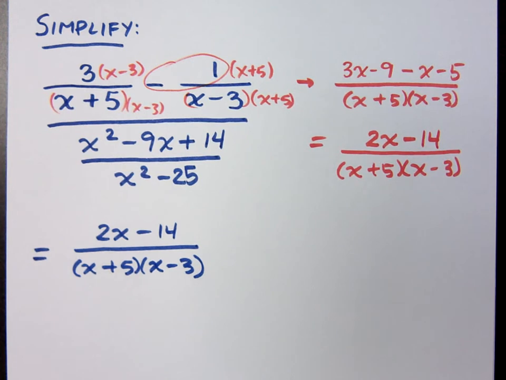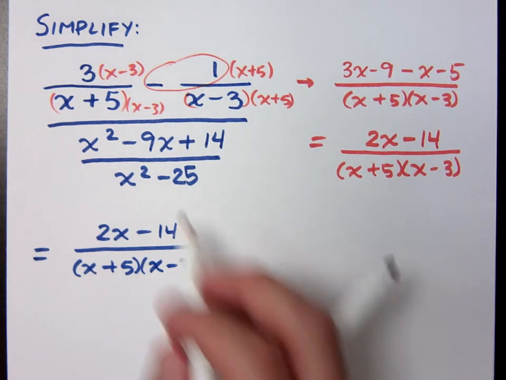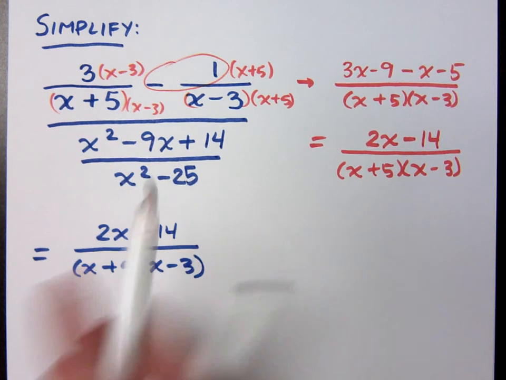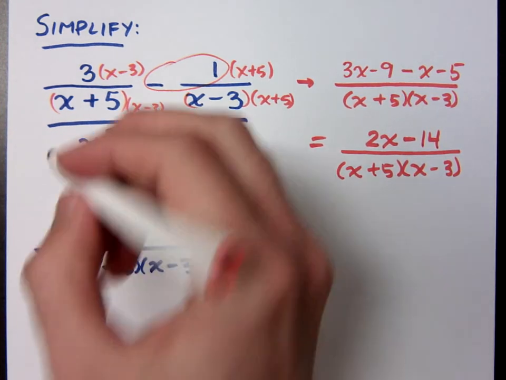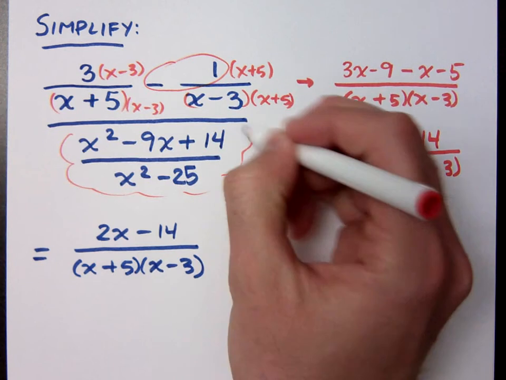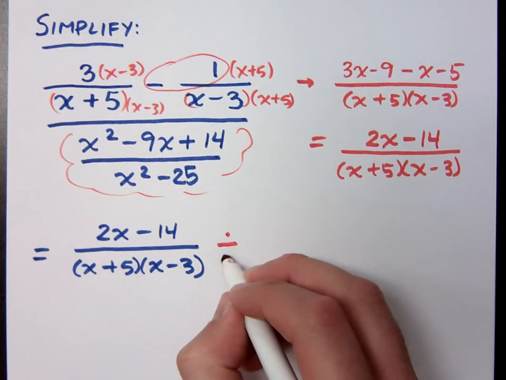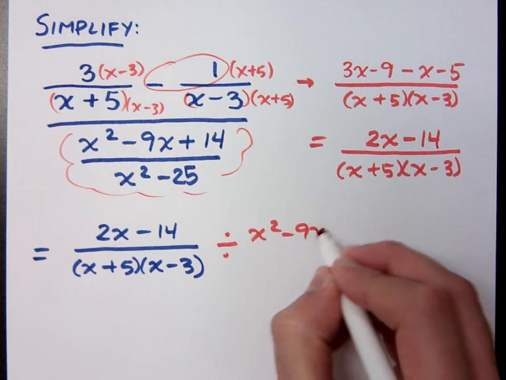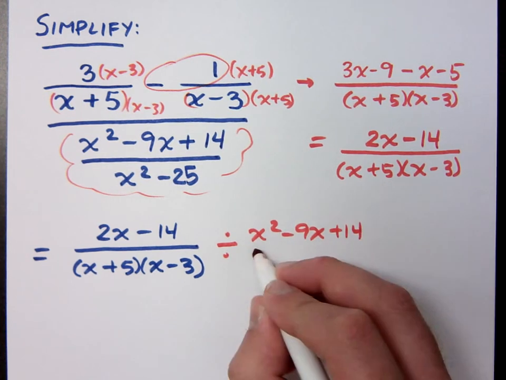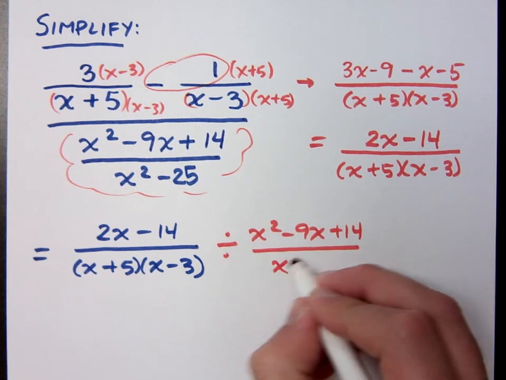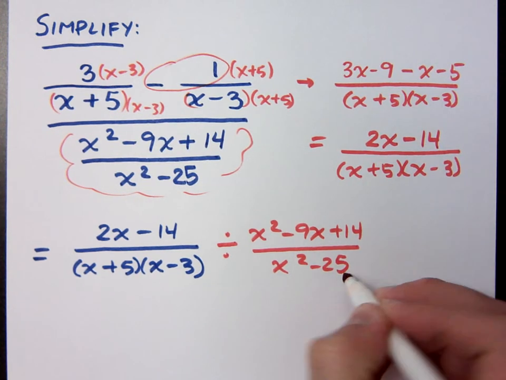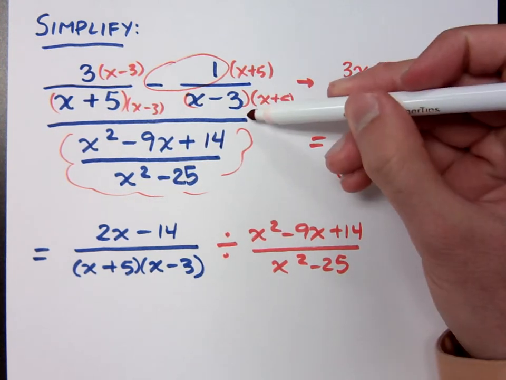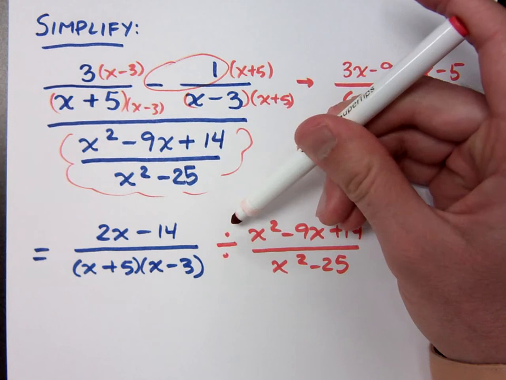I'm going to rewrite this. I'm going to take all this right here, I'm going to write it right here. This is divided by x squared minus 9x plus 14 over x squared minus 25. This big division bar is the same thing as the division symbol. Do you all agree?